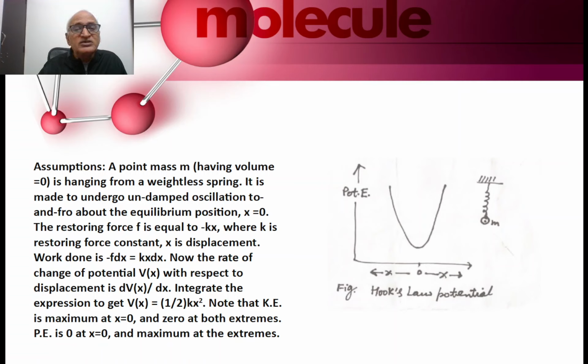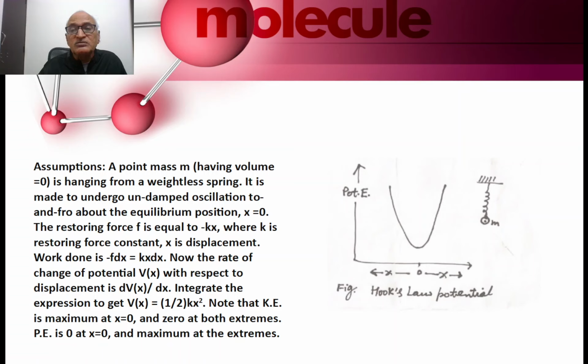Now, certain assumptions have been made while deriving this Hooke's law potential equation. What are these assumptions? A point mass m. Point mass means it is a particle without any volume. Although this is impossible, for mathematical brevity or convenience we assume that it is a point mass, having only mass, no volume.